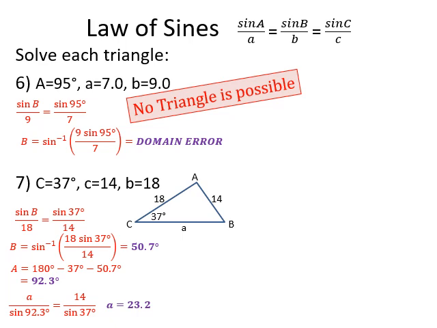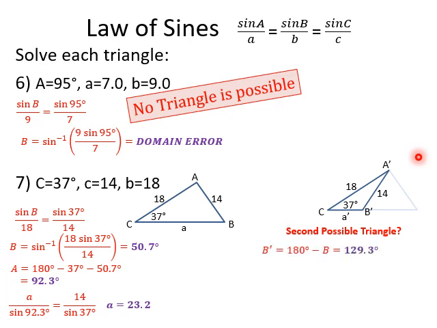So in this situation, is there a second triangle? And the answer should be yes, because this opposite side here, the 14, is smaller than the 18. So this is going to swing back around and possibly give us a second triangle. All right, so it looks kind of something like this. Probably not drawn to scale exactly, but you get the idea. So again, that angle B prime is the supplement of the original angle.